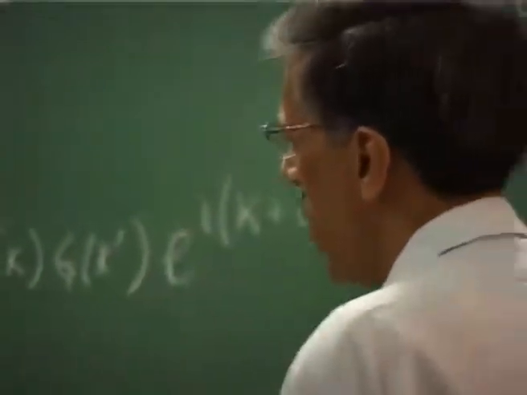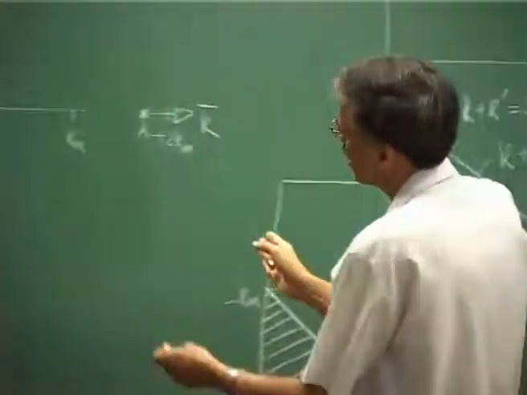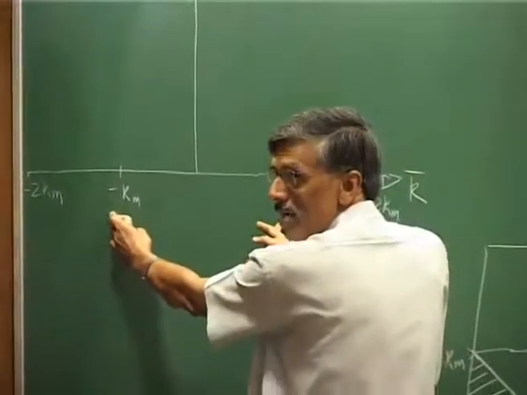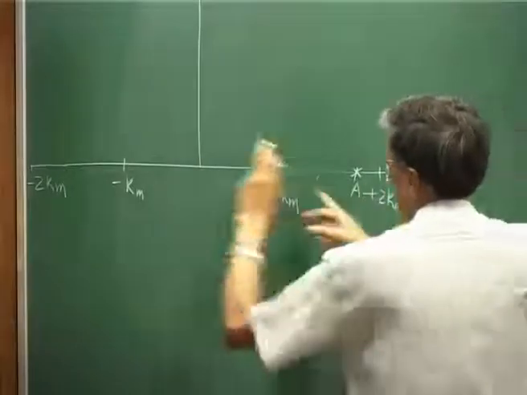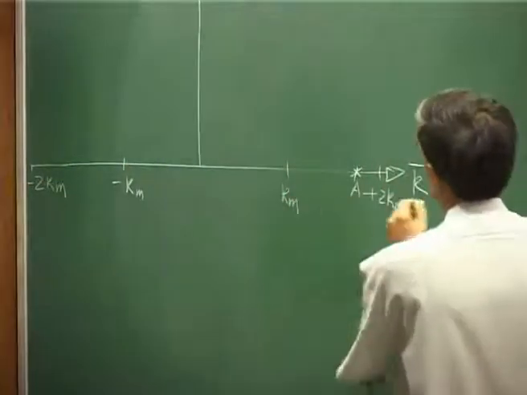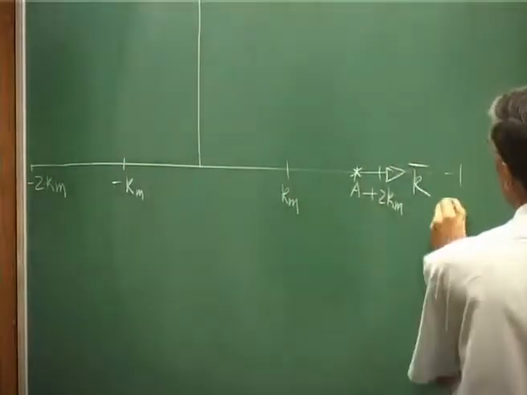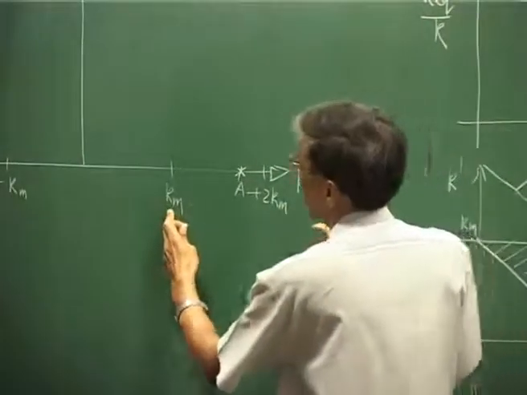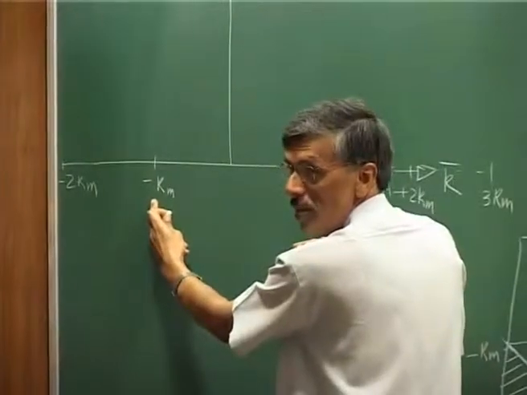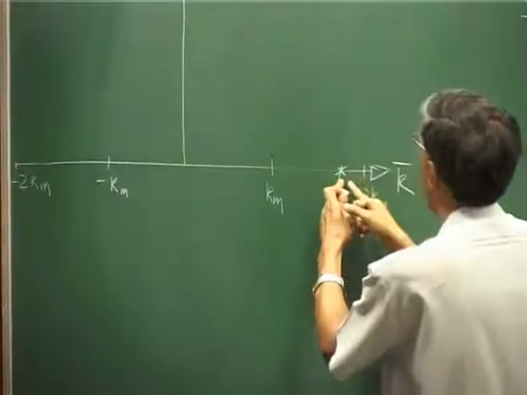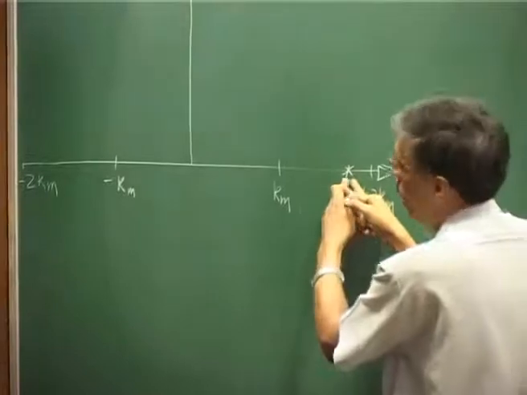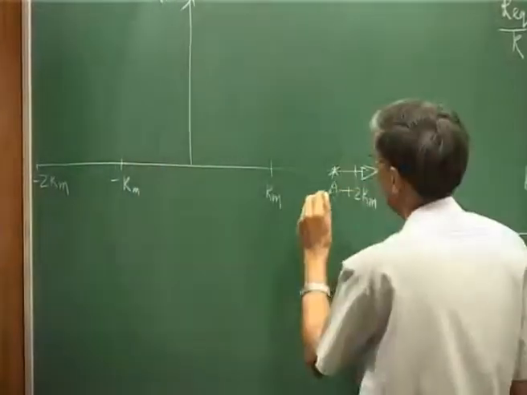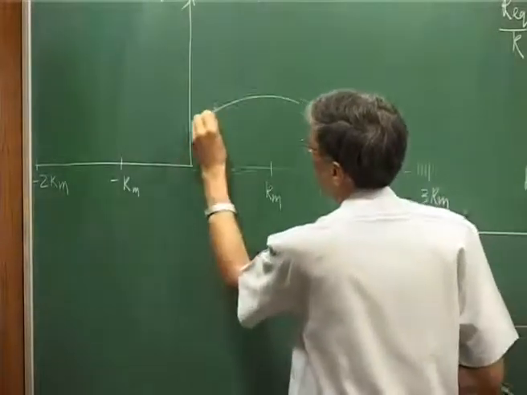So, whatever I am doing from minus km to plus km is replicated on either side. So, here if I go up to this 3 km, the status in this is the same as the status in this. That means a point A here would be somewhere here, so that this distance is equal to that distance.